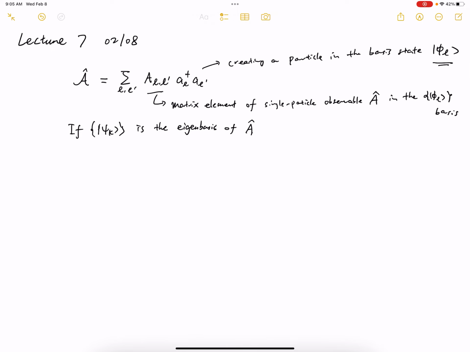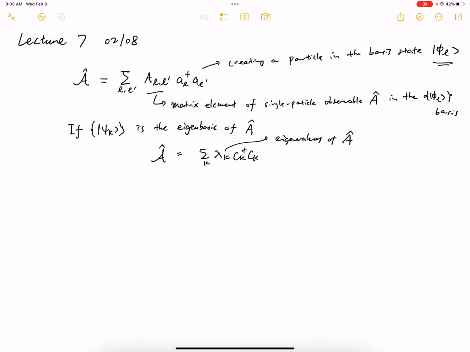In this case, the expression simplifies to a sum over k of lambda k c_k dagger c_k. It's a special case of the equation above with slightly different notation, and the lambda k's are the eigenvalues of A.